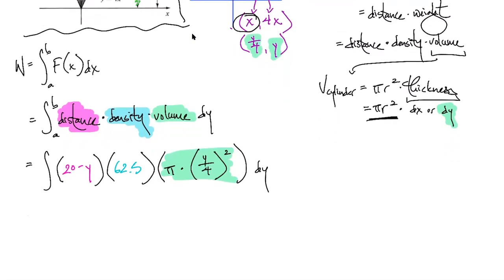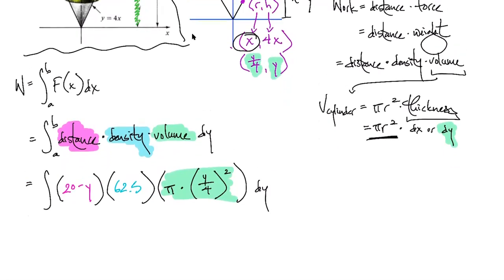All right. Last thing is the bounds. We start at the top. The top water only travels 0. It doesn't go anywhere. Or I mean, it does, but it's already at the top. The bottom water is how far away from the top? 20?